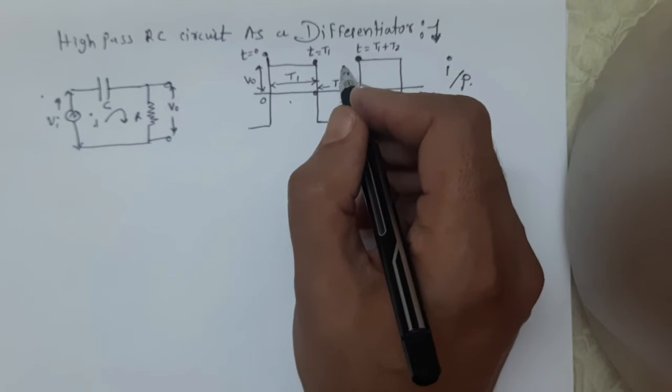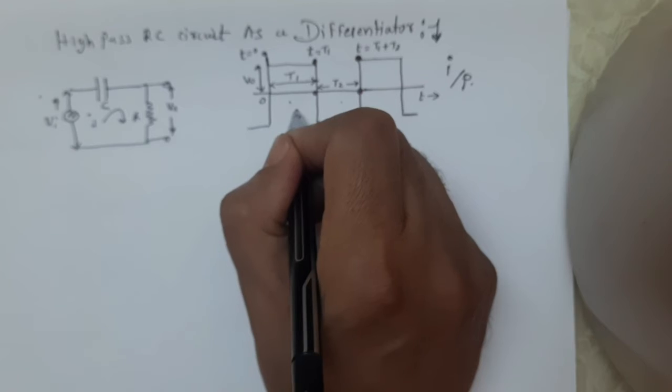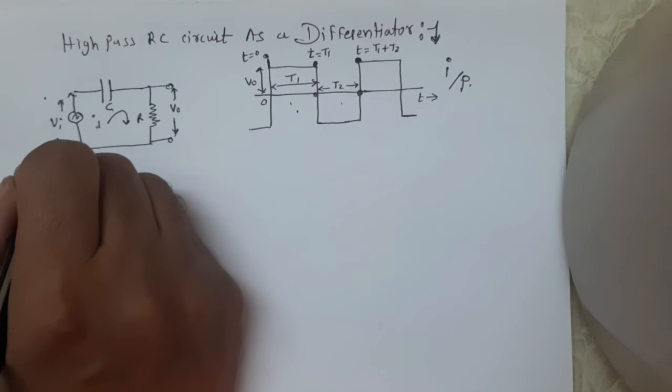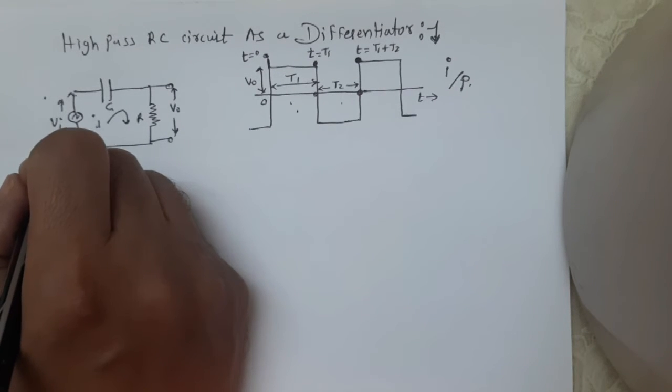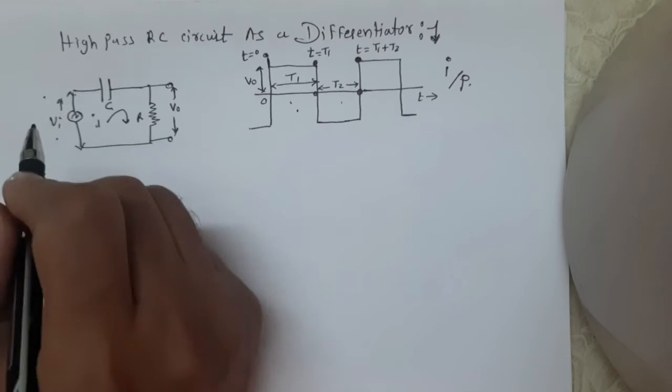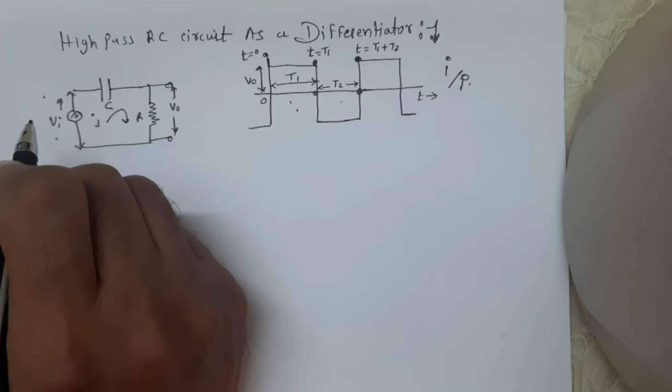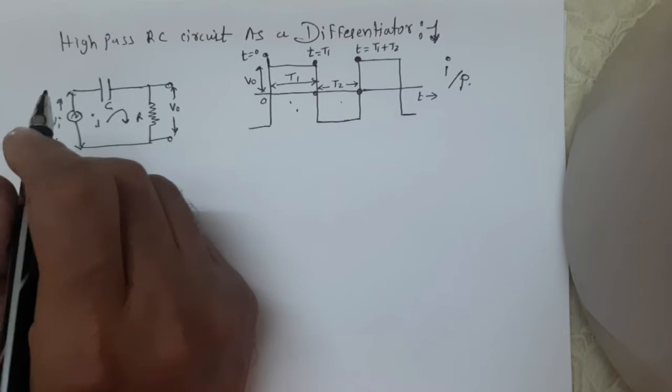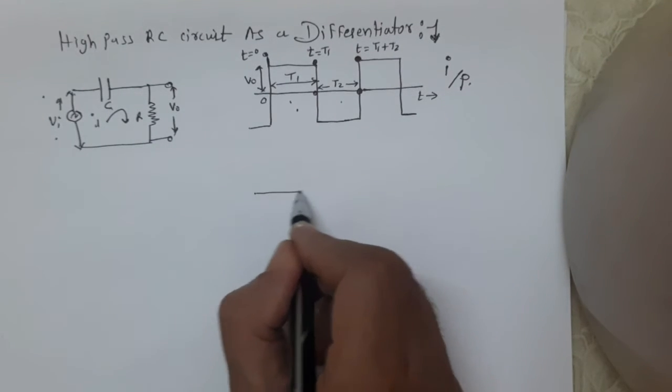What happens when we apply this waveform to the input of the high pass filter? The output is differentiated. It changes its shape. Which type of output are we getting? We are getting this type of output.